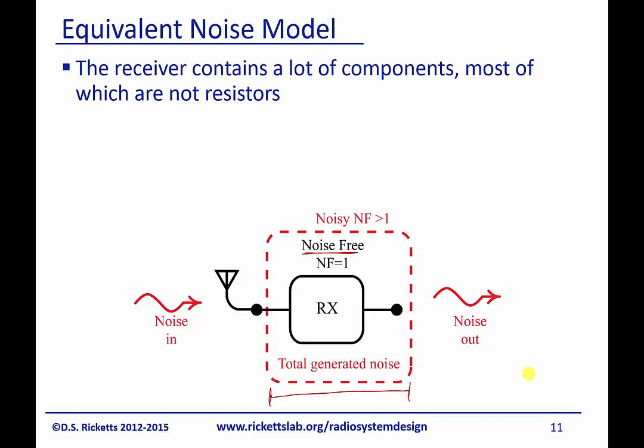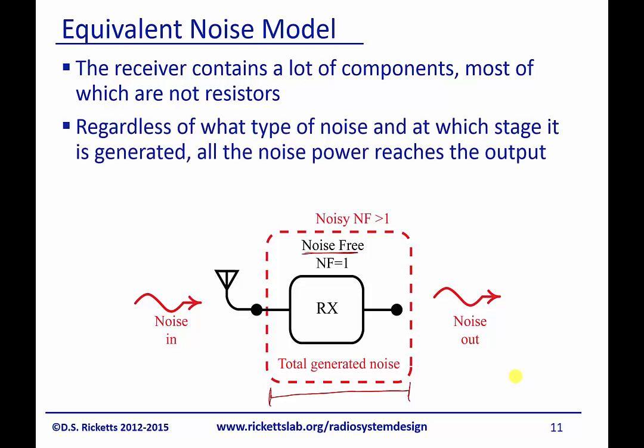And so the other reason is the receiver contains a lot of components, most of which are not resistors, but they still create noise. So we want to find an abstract way to describe this noise. Regardless of what type of noise and at what stage it's generated, all the noise power is going to reach the output. And so as you can see here in the diagram, we've got some noise in, we've got some noise out.